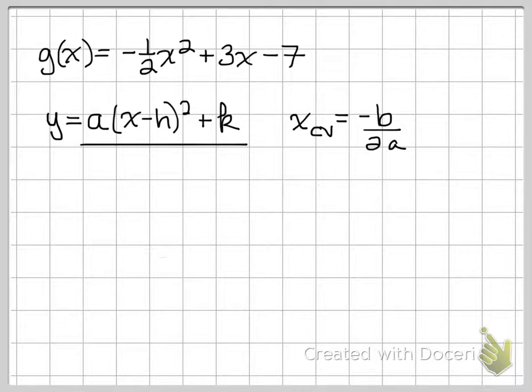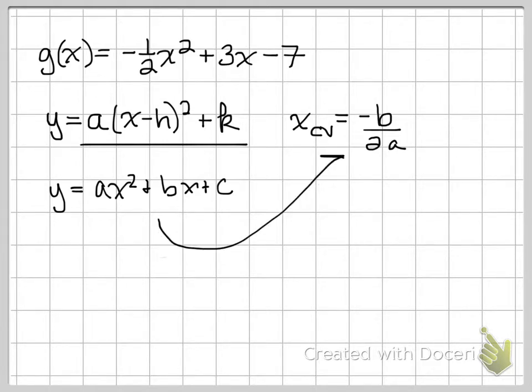And that would be difficult to explain, but essentially what I'm saying is that if you were to take y equals ax squared plus bx plus c, and if you were to complete the square, you would see in the process of completing the square that this is the x-coordinate of the vertex for any quadratic that is in this form. And that would be an exercise for another video or another lesson.